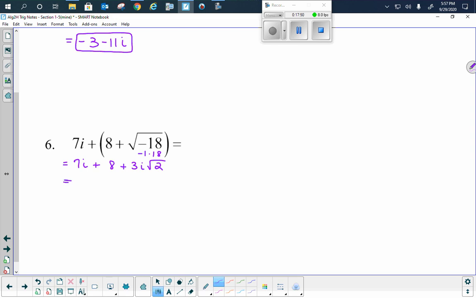So the A part being the 8 plus, well, if I have to have it in Bi form, that means I've got to factor an i out of those other two terms. So if I take an i out, I'll have 7 plus 3 root 2. There you see the different terms that would not add together. And the i goes at the back because that would be A plus Bi form. So what would the real part be? It would be 8. What would the imaginary part be? It would be 7 plus 3 root 2.